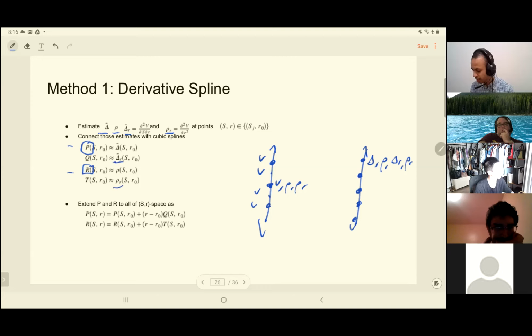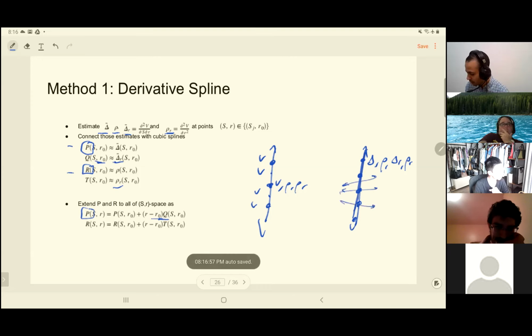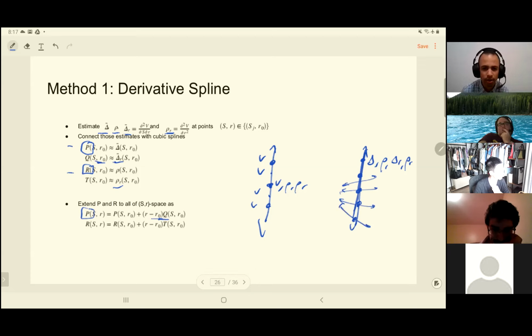And then we just put these together in the following way. P, which is our estimate for delta, becomes P of S comma R naught, which is the delta along this line, or the estimate that we get from it using this cubic interpolation, plus a linear term now that corresponds to Q, which was our delta sub R. So we have some spline that tells us what delta is roughly along this line here, and then we extend it out linearly in any direction, which corresponds, of course, to having a quadratic extension in any direction, as we had with our previous trading grid method.